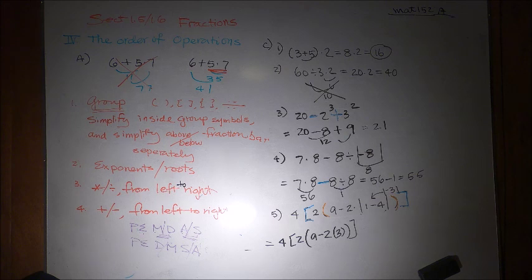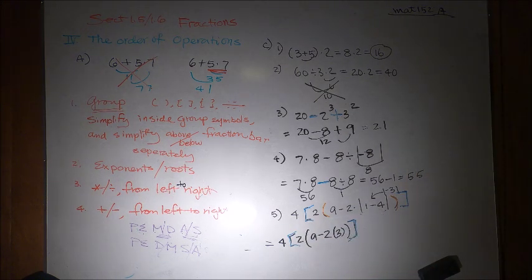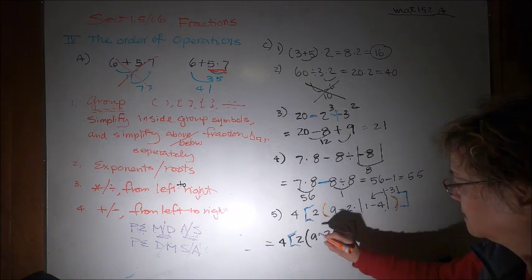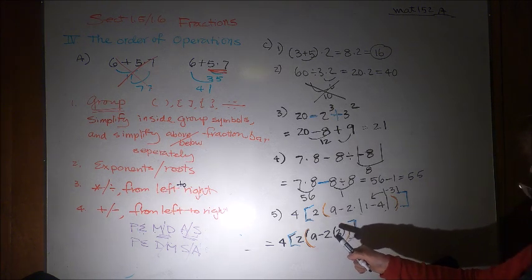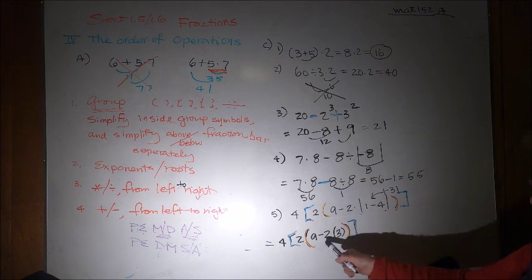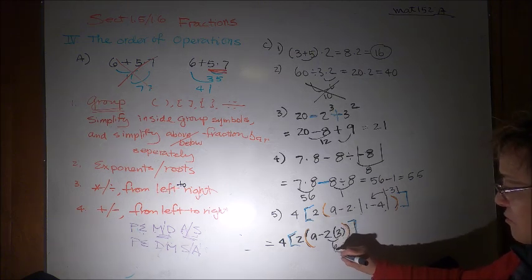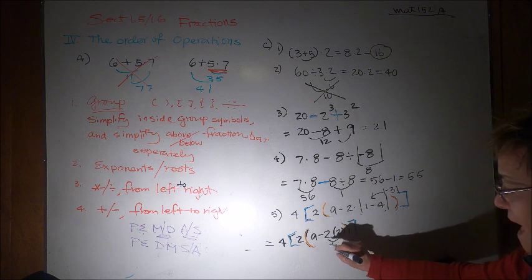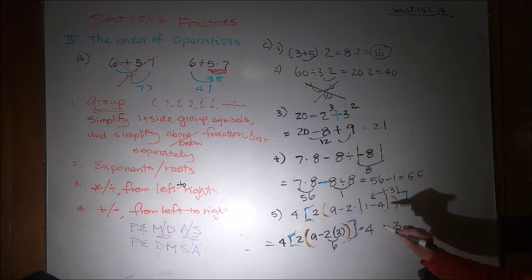Then what do we do? This is the outside, then this is the inside. So you will do it from inside to outside, right? Within the most inside portion, you have 9 minus 2 times 3. So you will do multiplication first. 2 times 3 is what? 6. Then you do 9 minus 6. That would be what? 3. Okay? Don't do too many things at one time.